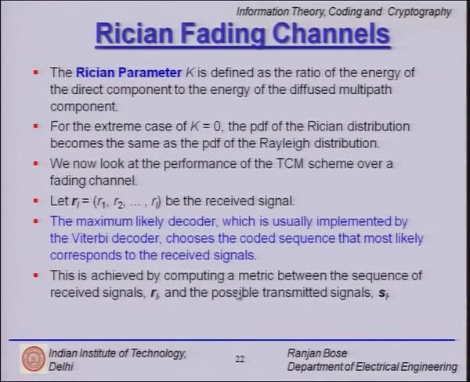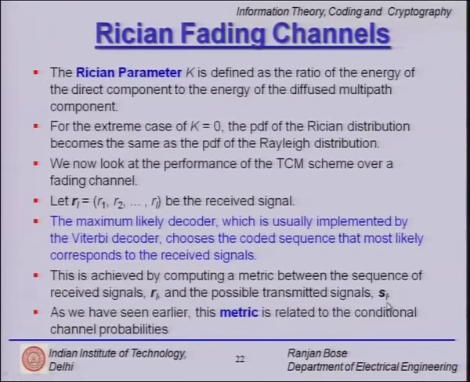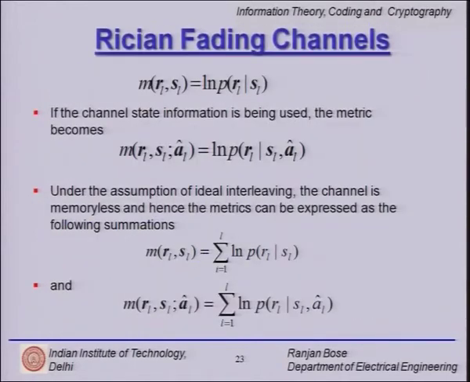This is achieved by computing a metric between the sequence of received signal R_L and the possible transmitted signals S_L. And we have seen that the metric is related to the conditional channel probabilities. So, this metric we can take as log of the probability that R_L, this vector, is received given S_L is transmitted.